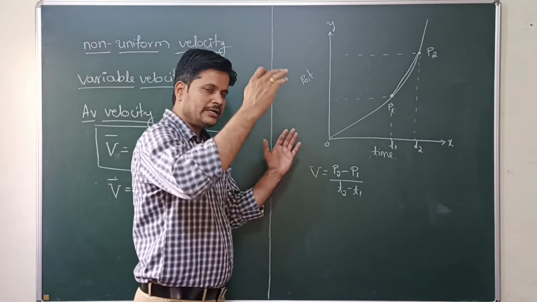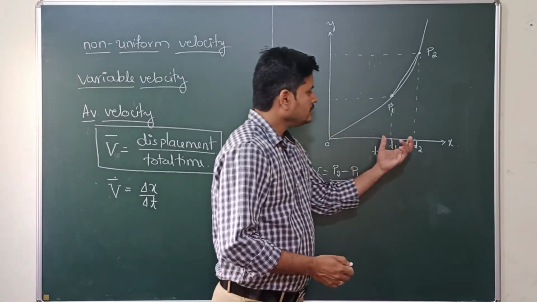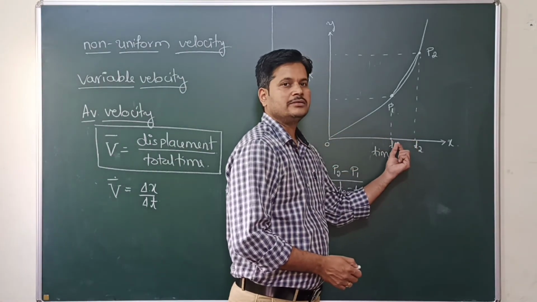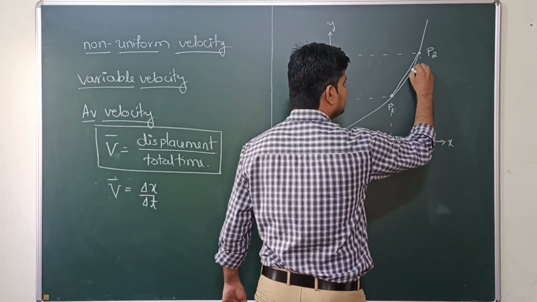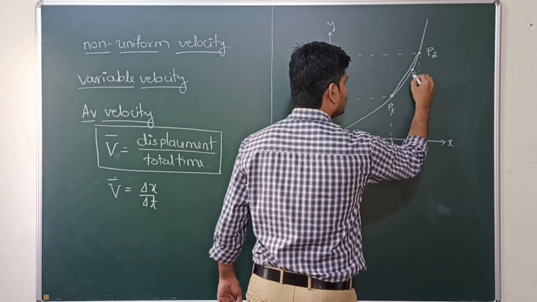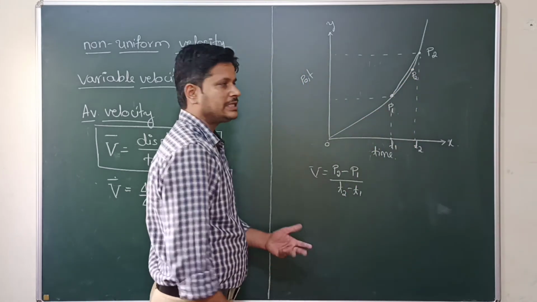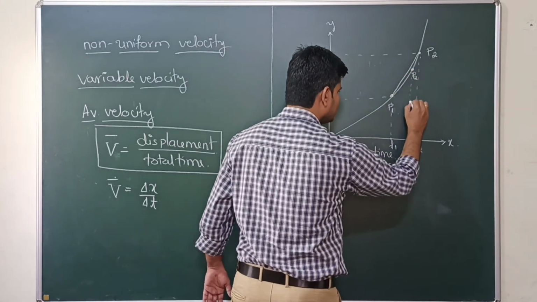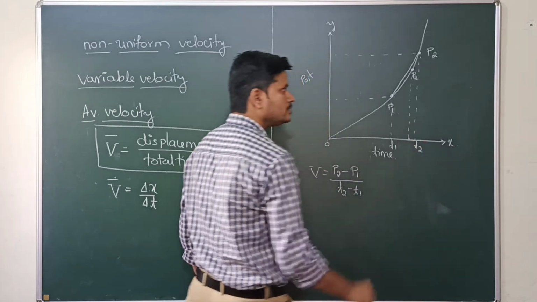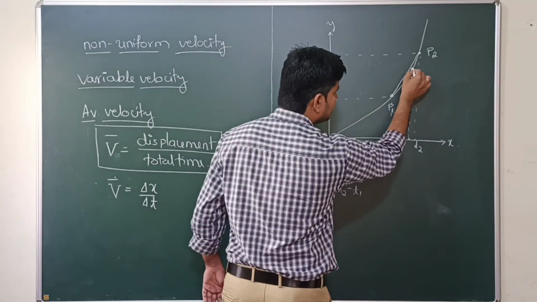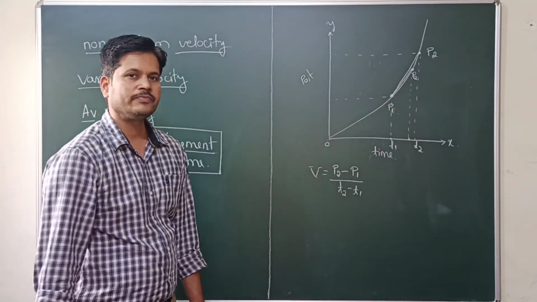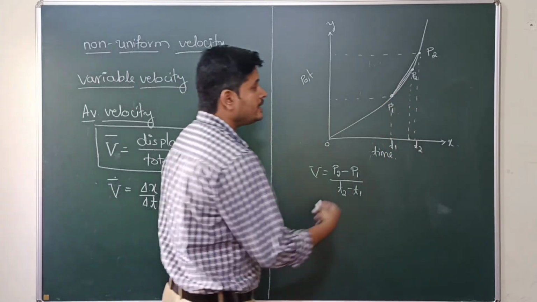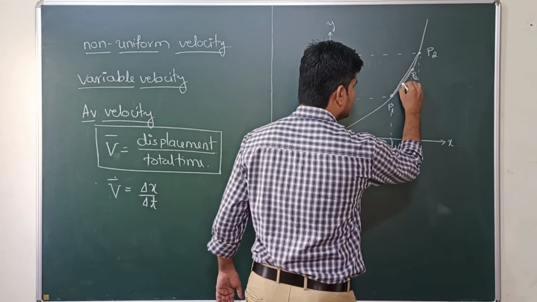As we go on reducing the time interval, that means next I will take the point P2 here. The time reduces to here, right? The displacement also reduces, right? Further, we go on reducing the time here.